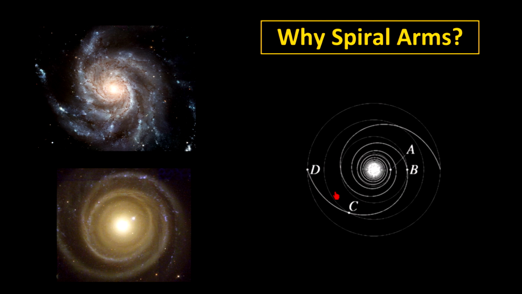The problem with it simply being a matter of speed is that as time goes by, the spiral shape that you see here would wind up. In other words, it would wind up so tightly that the galaxy would no longer have the spiral shape. It would be a temporary thing. And what we know is that galaxies are very old.